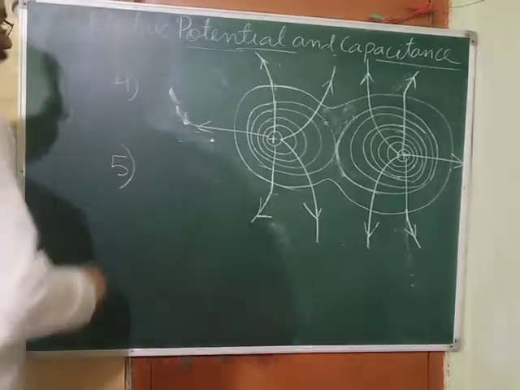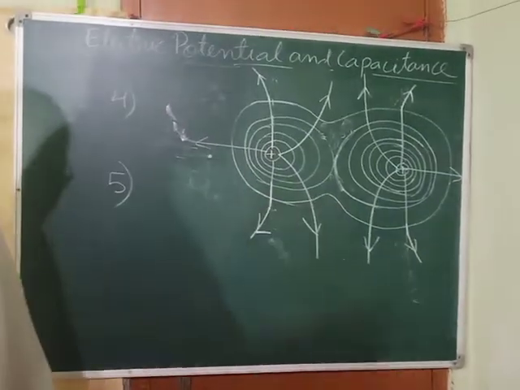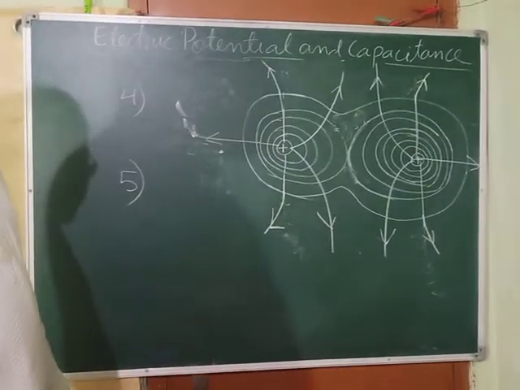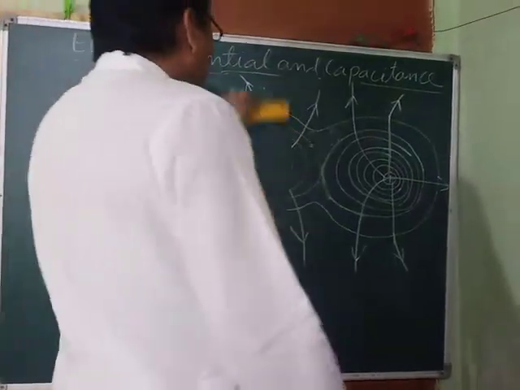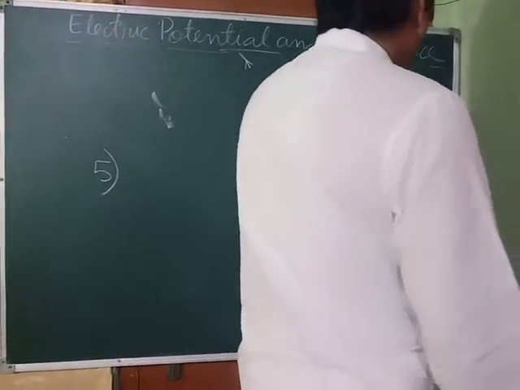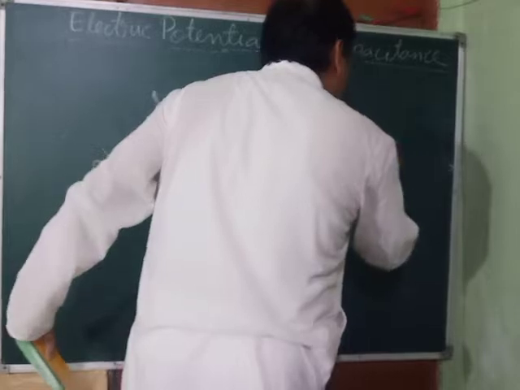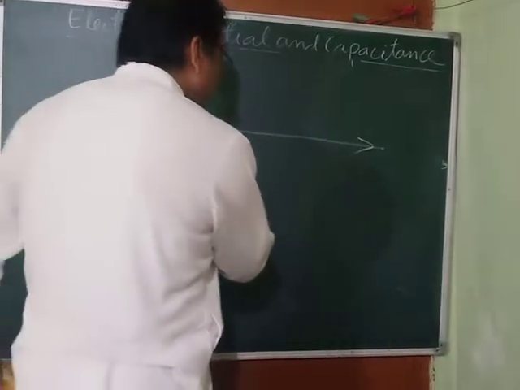fifth one. Suppose we have to draw the equipotential surface in the case of a uniform electric field. So let us remove this to draw the case of a uniform electric field. See, a uniform electric field we can represent by parallel and equispaced lines.